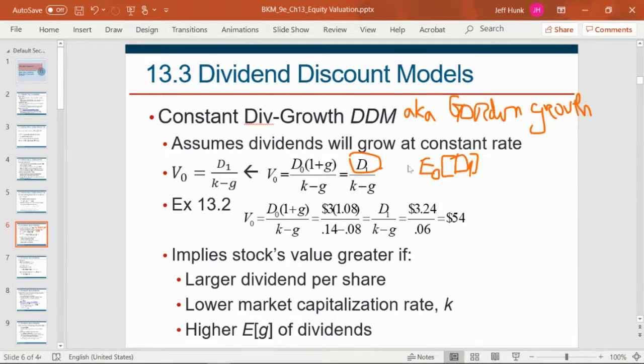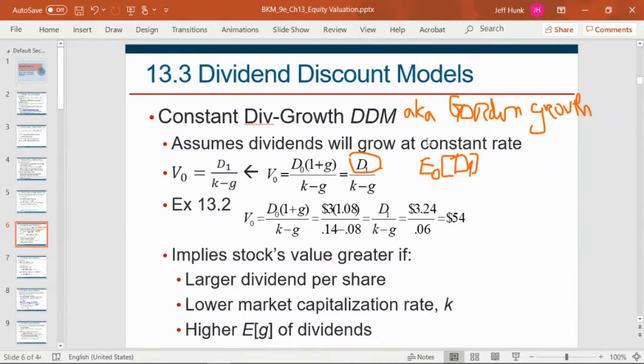And it's not difficult to make that forecast. If you know the growth rate of the dividends, we can easily make a forecast by one period compounding, right?